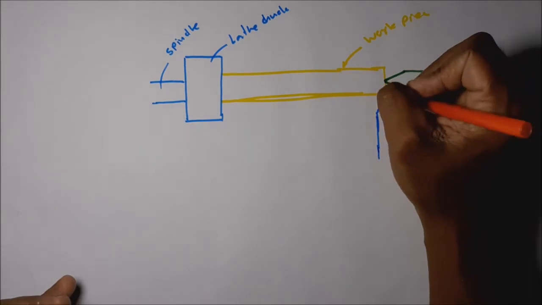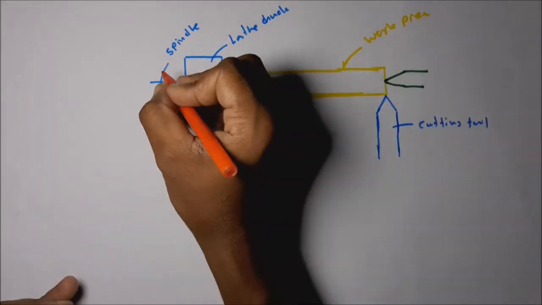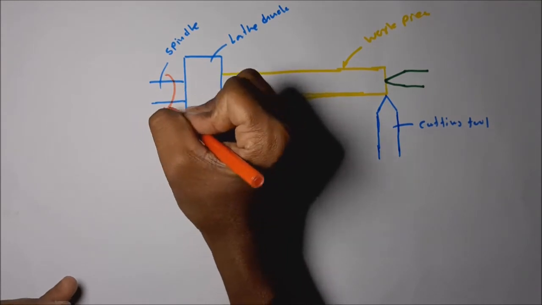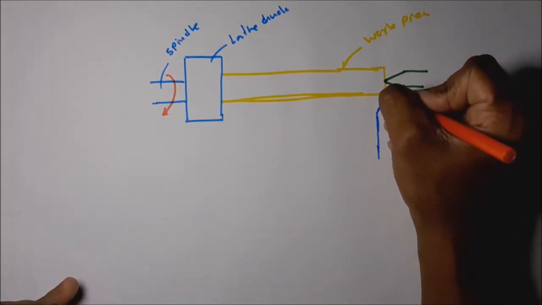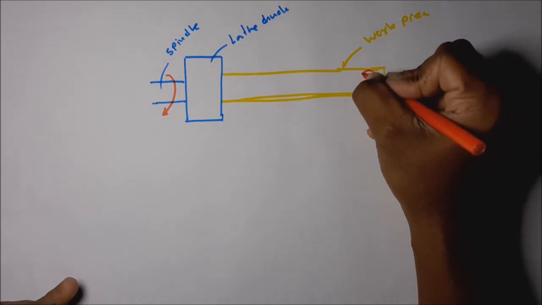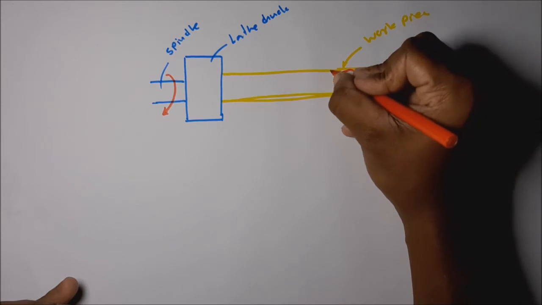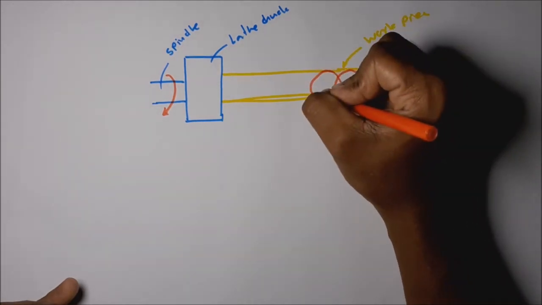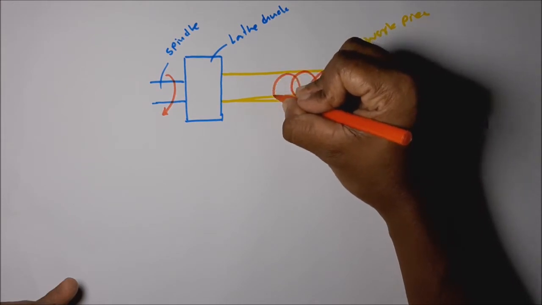Then in thread cutting operations, what is the relative path of the cutting tool tip? The workpiece is rotating in this direction. Then we have to produce a helical relative path. The tool has to move relatively along this path.